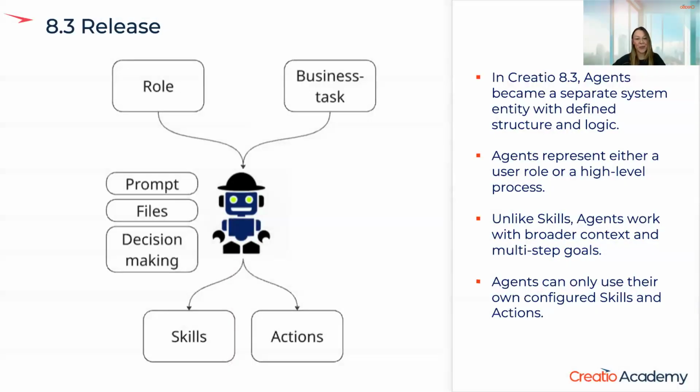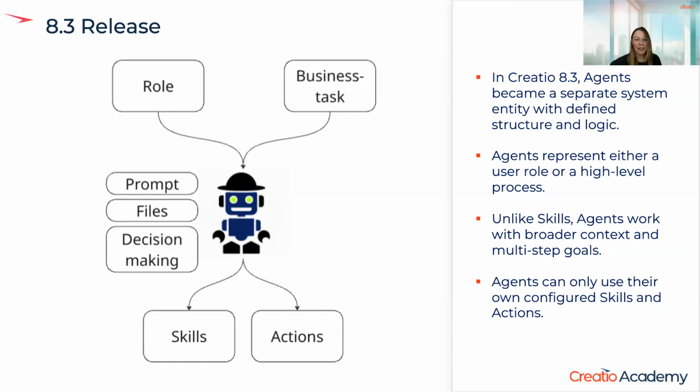All right, so there are 2 main ways to think about AI agents. First, you can view them as a set of complex business tasks grouped together, for example, something like running an entire marketing campaign. The second way is to think of them as representations of specific user roles with defined responsibilities, like a support agent or sales manager.